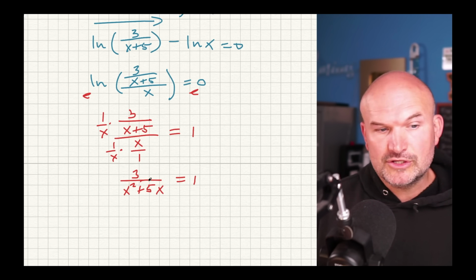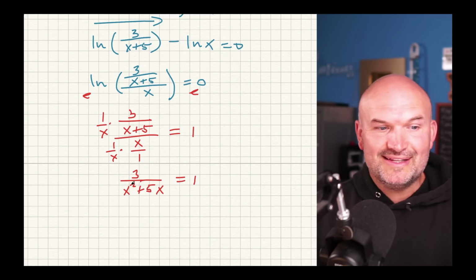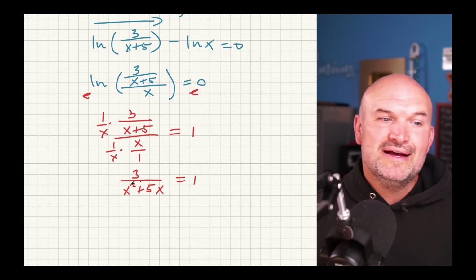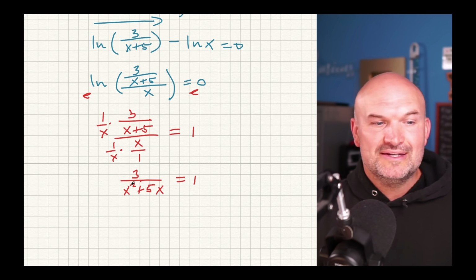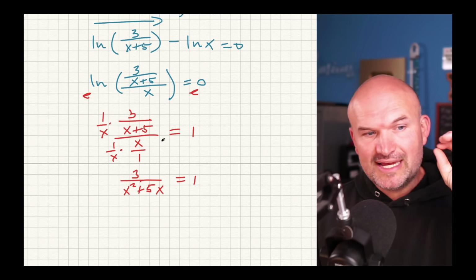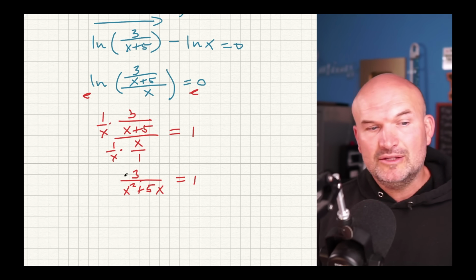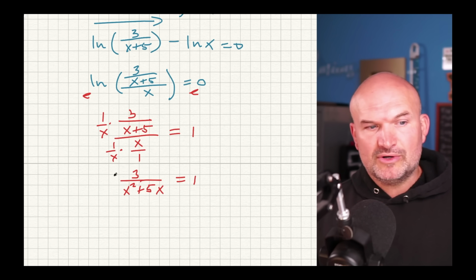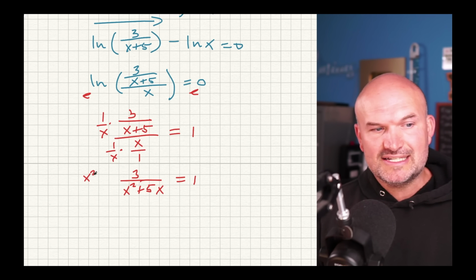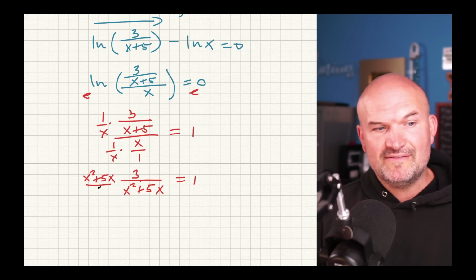So now to go ahead and solve this, unfortunately, I got rid of the x out of the argument of the logarithm, but now the x is caught in the denominator. So I've got to get it off the denominator. And just like how I got this off the denominator by multiplying by its reciprocal, that's exactly what I'm going to do here. I'm not going to reciprocate the 3. I just want to get the x's off the denominator. So I'm going to multiply by x squared plus 5x over 1.